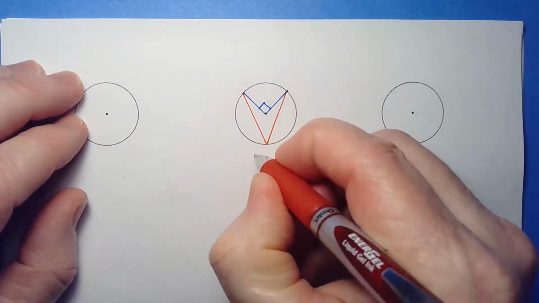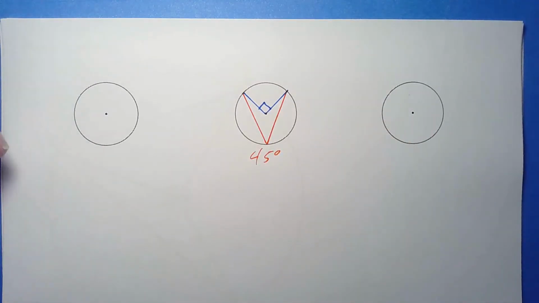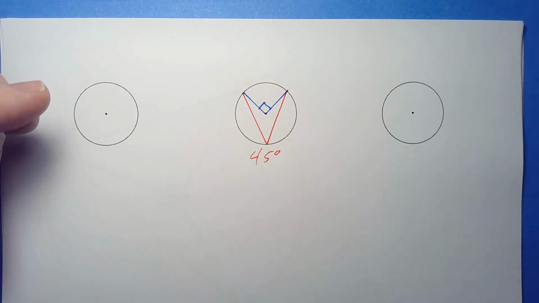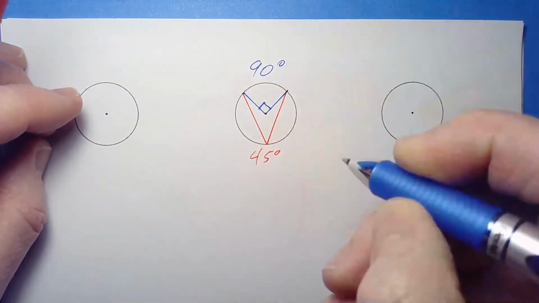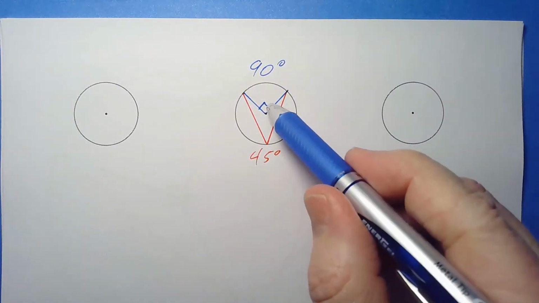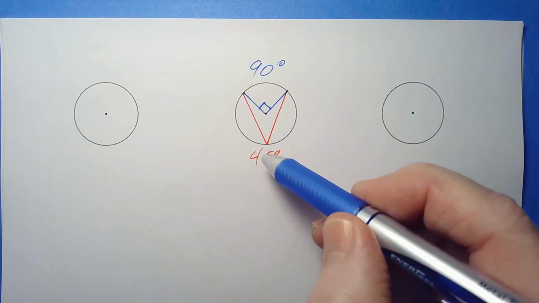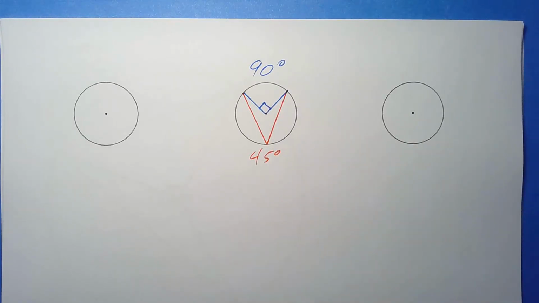So this is 45 degrees for the inscribed angle, and the central angle on this side is 90 degrees. Sure enough, they exactly differ by a factor of 2. The central angle is twice as big as the inscribed, or you can think of it the other way: the inscribed is half as big as the central.